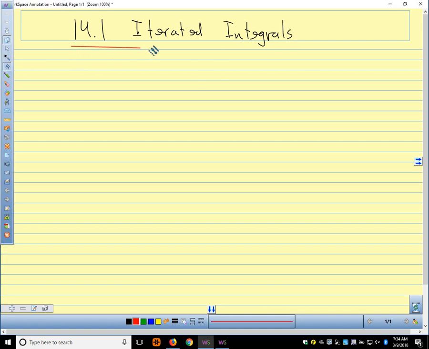So now we're talking about recursive integrals. Chapter 14 is all about how we integrate multivariable functions. In this chapter, we're looking at definite integrals only.